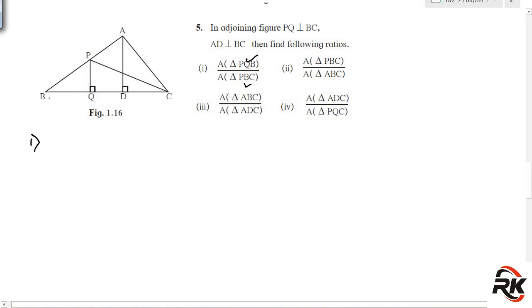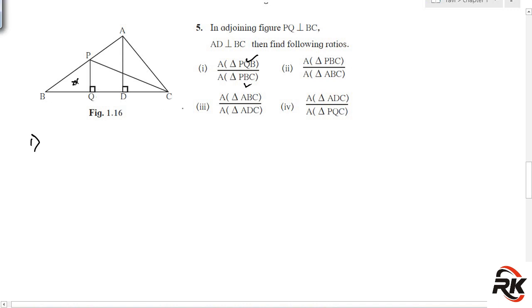PQB is a right angle triangle. This triangle is a right angle triangle, and triangle PBC, this BC is the base and PQ is the height. Means these two triangles having equal height. In triangle PQB, PQ is the height, BQ is the base.